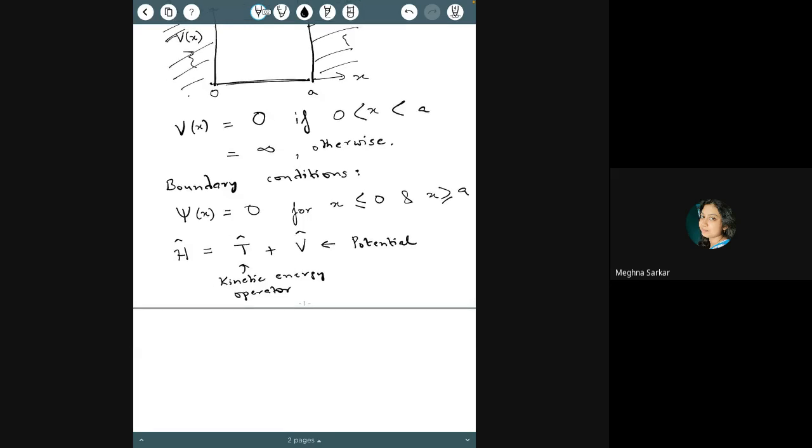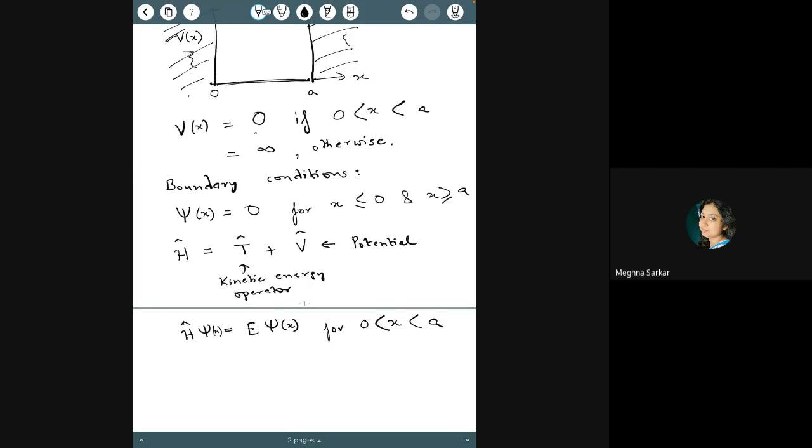Now, since the wave function does not exist beyond 0 and a, we can forget about that part, and we will solve the Schrodinger equation H psi(x) equal to E psi(x) for x lying between 0 and a. And if that is the case, then I have said that V is equal to 0.